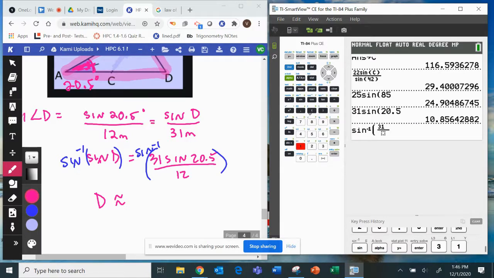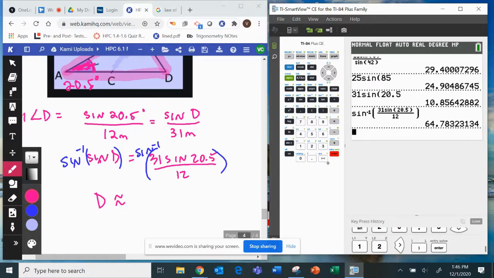I think if you are not getting the correct thing on your calculator, this would be a good time to ask rather than wait 25 minutes later and then mention that you never did any of it with us because you didn't have it correct on your calculator. I got 64.783 approximately.